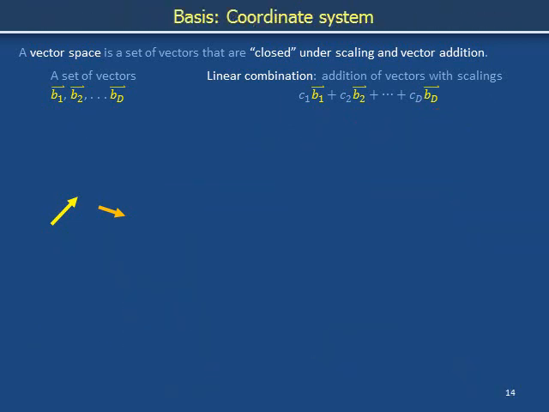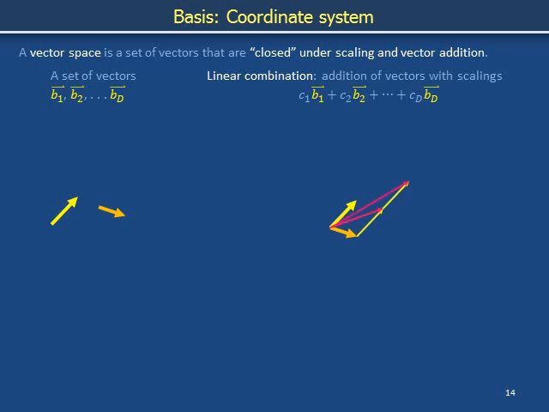A basis set defines a vector space. A basis set can be visualized as defining a coordinate system. Copy the yellow and orange vectors here. This pink arrow is an example of a linear combination made using yellow and orange.